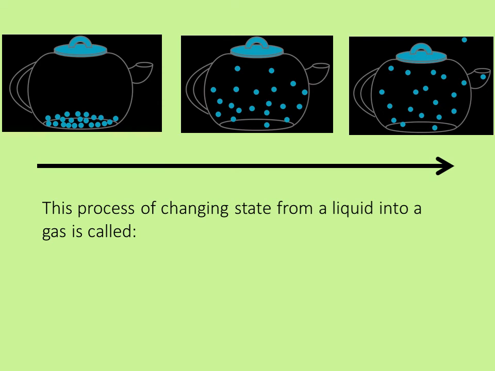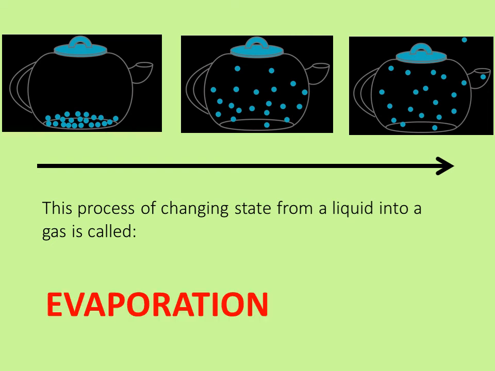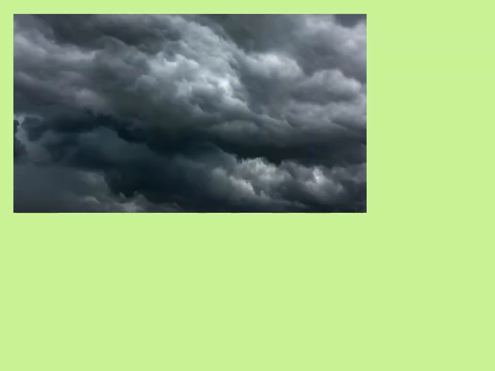This process of going from a liquid to a gas is called evaporation. So anything that goes from a liquid to a gas is evaporation. Let's have a look at this picture, a rain cloud. What do we have in a rain cloud?